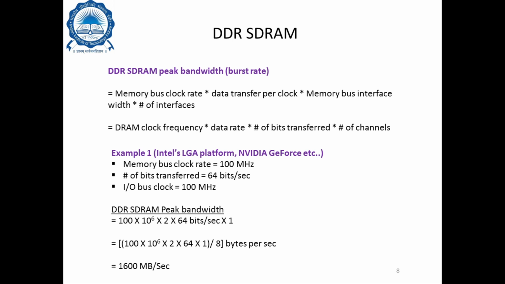The DDR SDRAM peak bandwidth can be given as the memory bus clock rate multiplied by data transfers per clock, multiplied by memory bus interface width, multiplied by the number of interfaces, which is also equivalent to the DRAM clock frequency multiplied by the data rate, multiplied by the number of bits transferred, multiplied by the number of channels. Okay, now let me take you through one example.